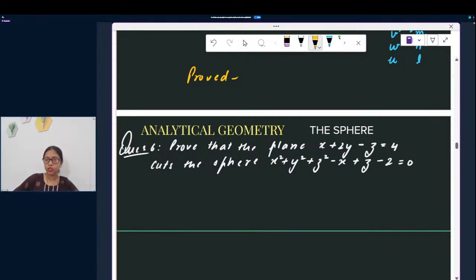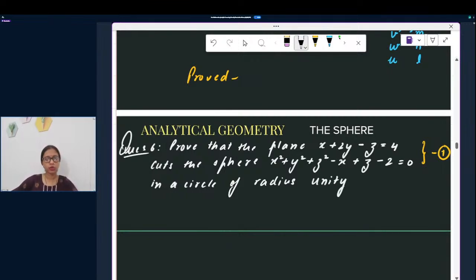So obviously this is your sphere S1. Prove that the plane cuts the sphere in a circle of radius unity. Unity means 1, so you have to prove that the radius is 1. You can do that.